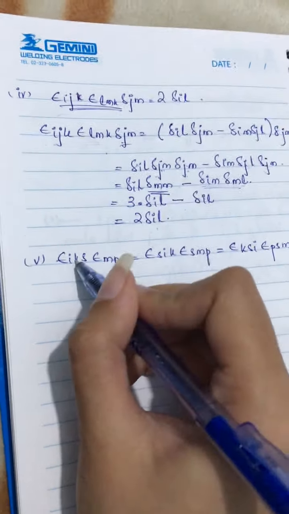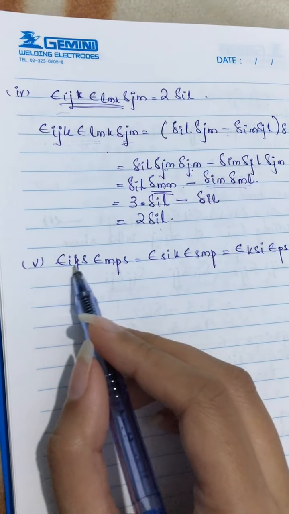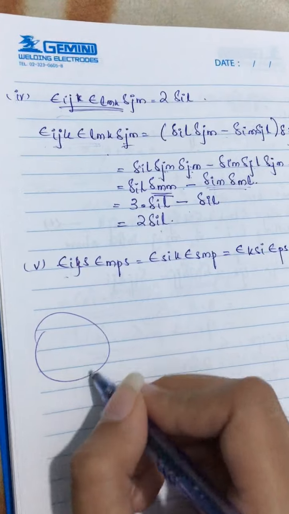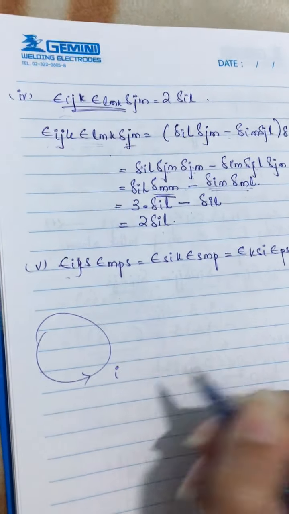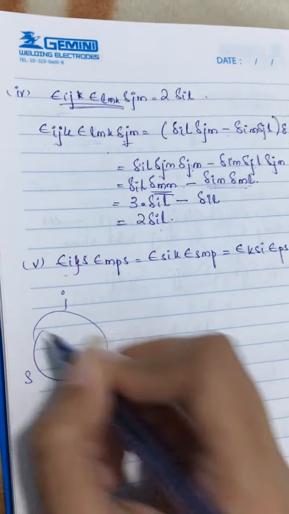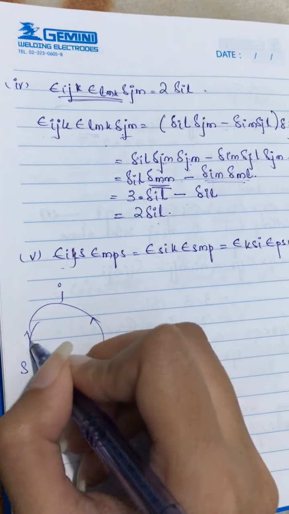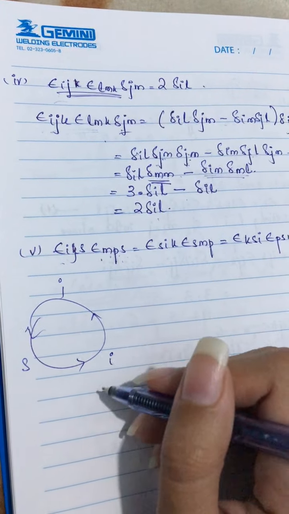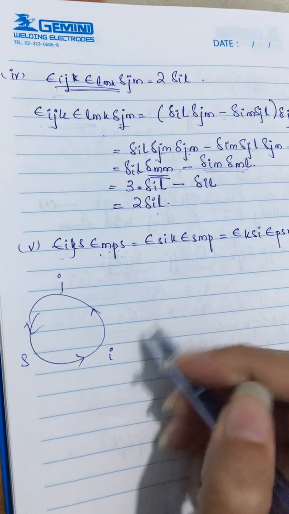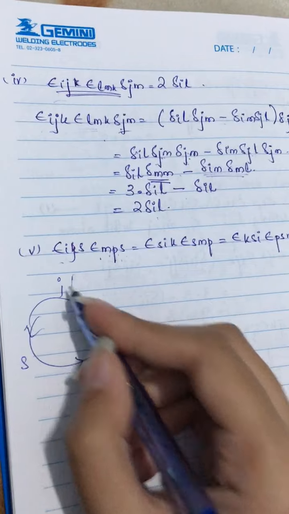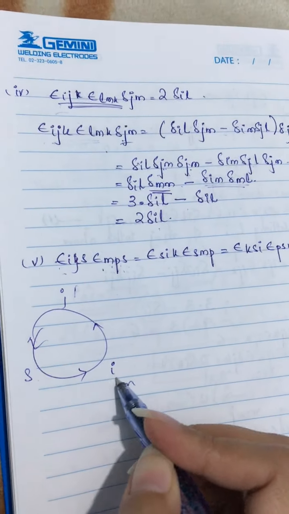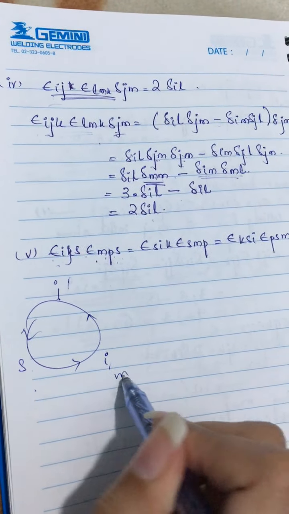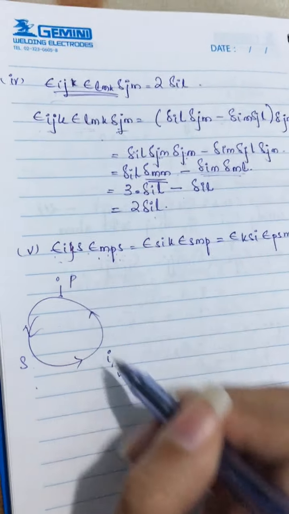I can write it like this: this is i, this is j, and this is s, and the other one is m, p, s.